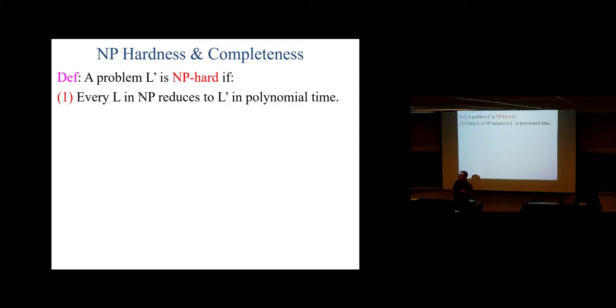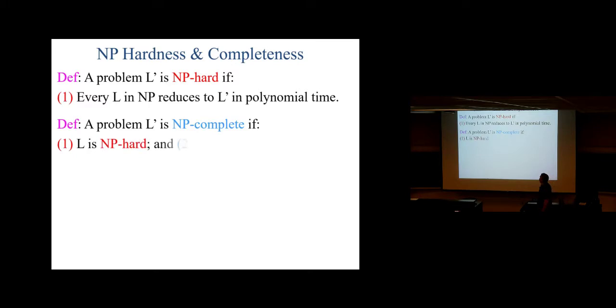And the big $1 million question, literally a $1 million prize, is whether P is equal to NP, whether non-determinism helps with respect to polynomial time. Nobody knows that. We've been thinking about it for a good number of decades. So NP hard means any problem in NP reduces to it in polynomial time. That makes our problem NP hard, because it's as hard as anything in NP. But it's also NP complete if it itself is in NP.